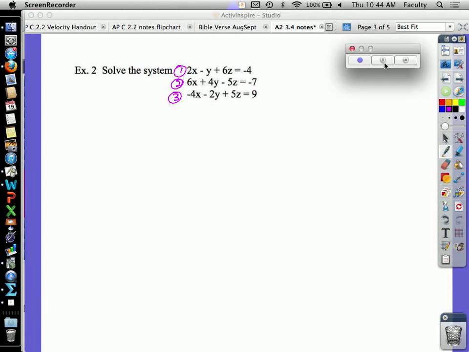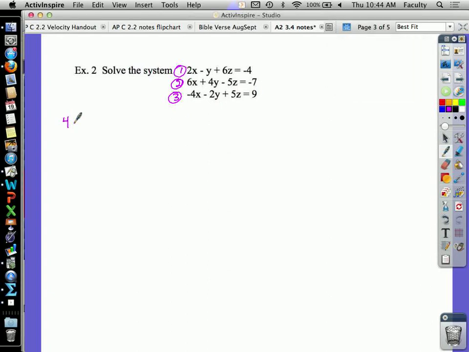Ready, go. All right, so I would take 4 times the first one plus the second one. Would that do the job? So this will be 8x minus 4y plus 24z equals negative 16.